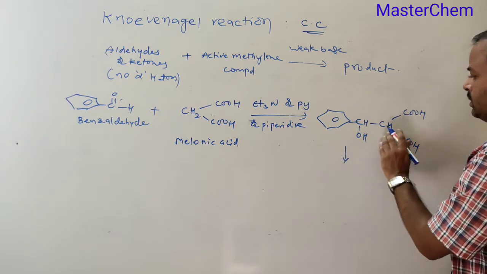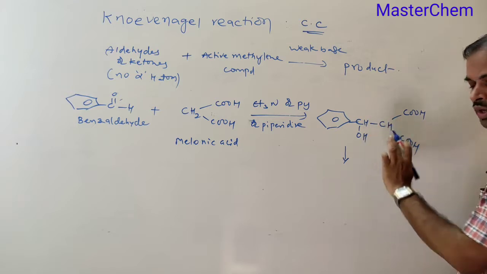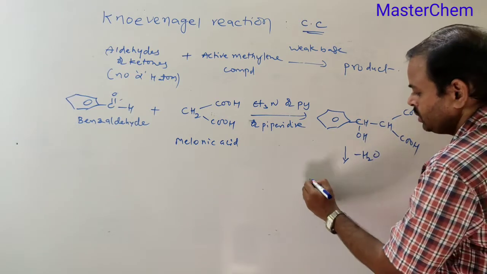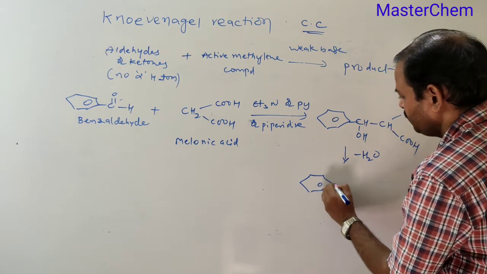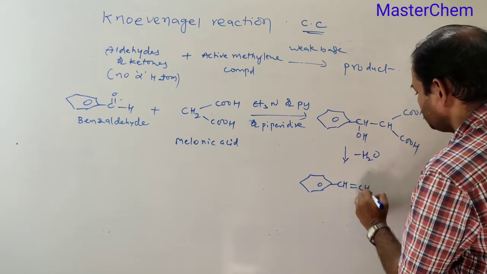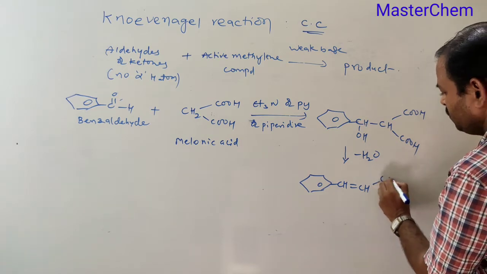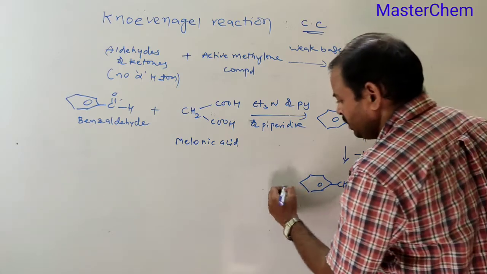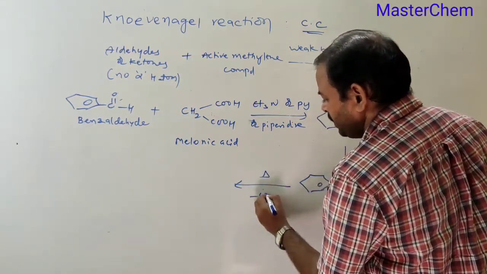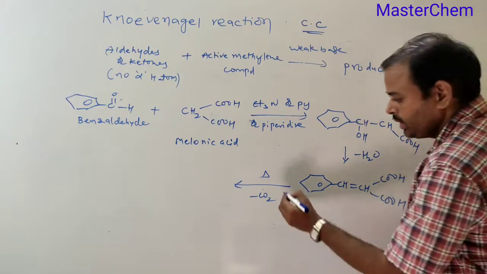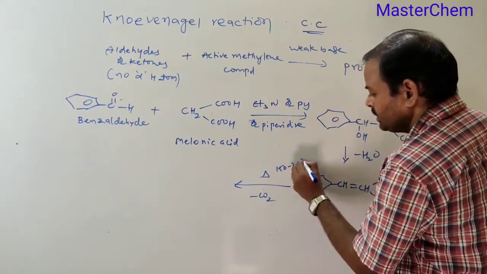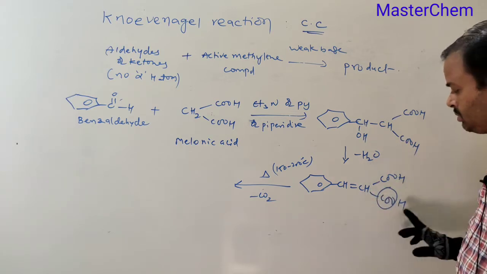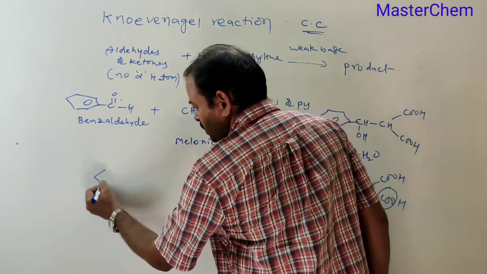Whenever hydrogen and OH are on adjacent carbons, dehydration takes place, minus H2O. So that leads to the formation of CH double bond C, COOH. Now on heating to 150 to 200 degrees centigrade, decarboxylation takes place, minus CO2, and what does it give?